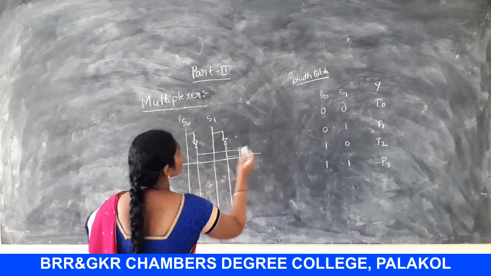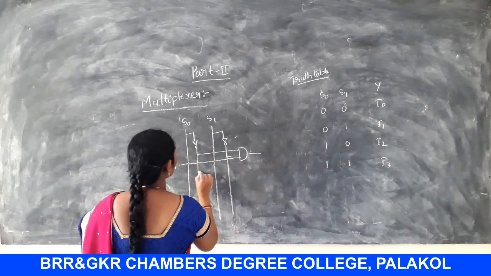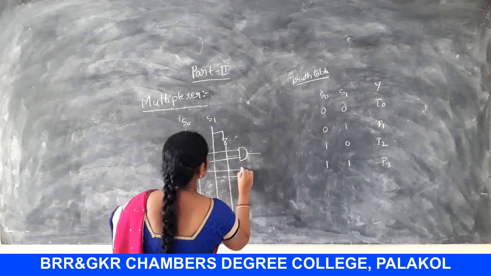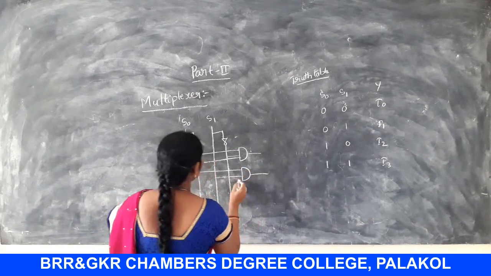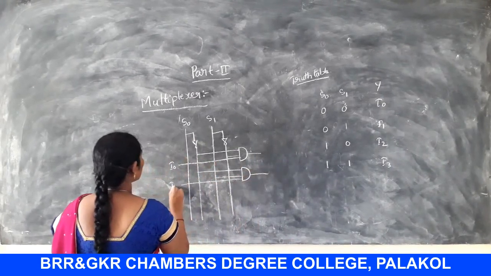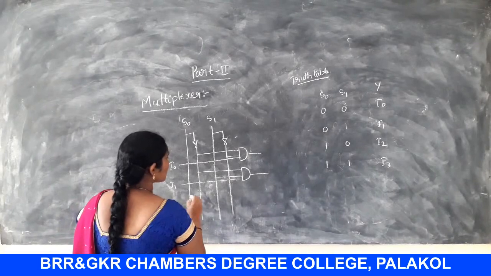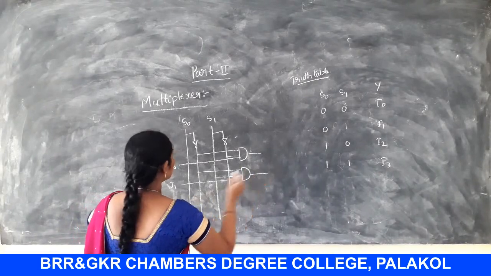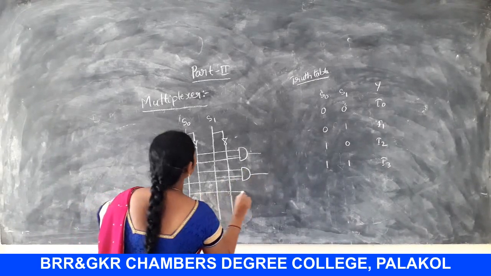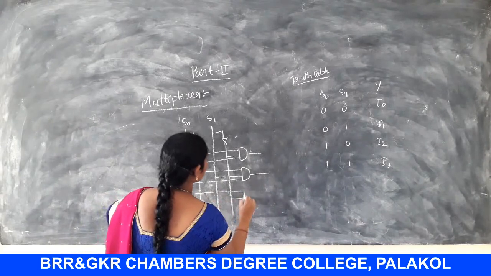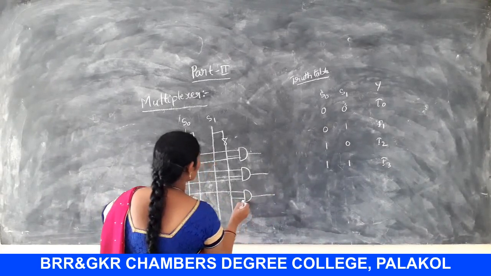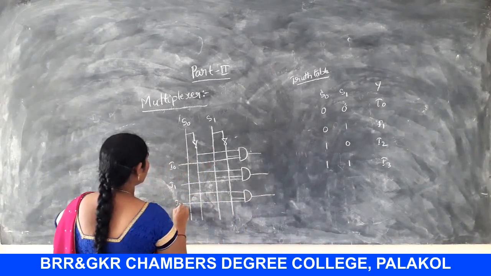Next one is 0 1, so 0 is here and 1 is here. We have to apply I1 here. Next one is 1 0, so this is 1 and the next one is 0. You have to apply I2 here.